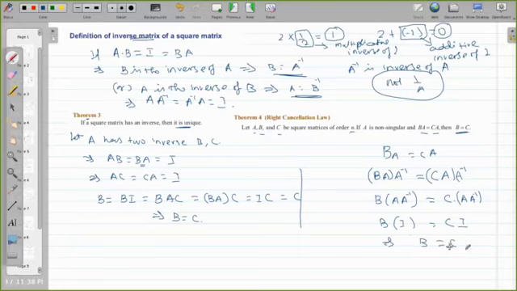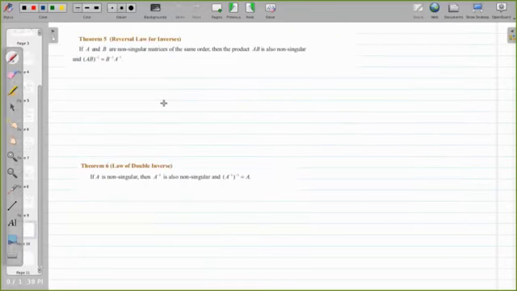We proved it. Next, reversal law for the inverse. A and B are two matrices of the same order, and the product AB is also non-singular, which we will learn in determinants. We have to prove that AB whole inverse is equal to B inverse into A inverse. Children, what is AB whole inverse? It is the inverse of AB.